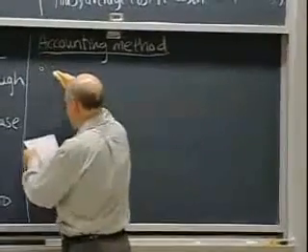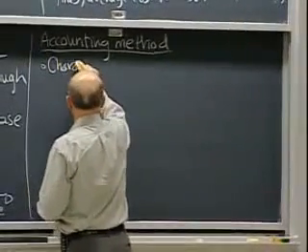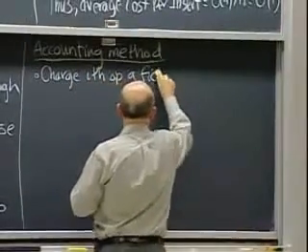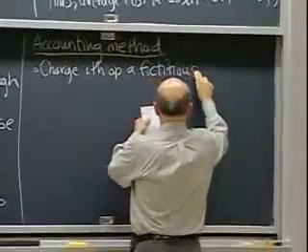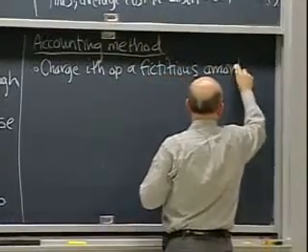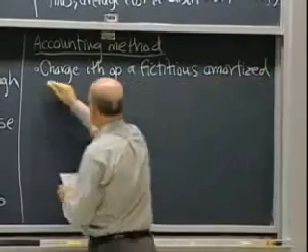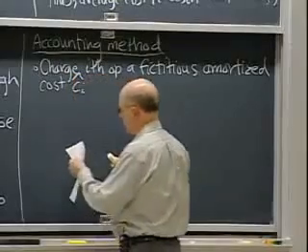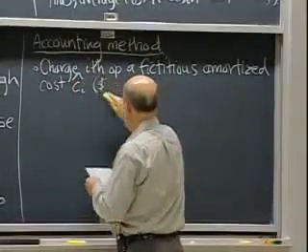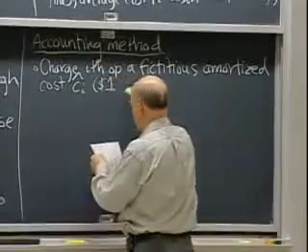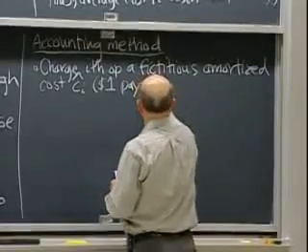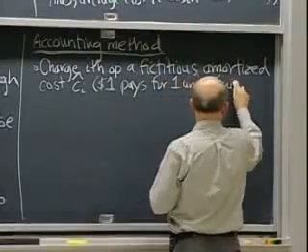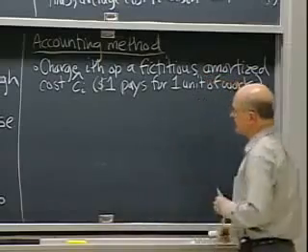So what we're going to do is charge the ith operation a fictitious amortized cost, we'll call it C hat sub i, where we're going to use the abstraction that $1 pays for 1 unit of work. In other words, of time manipulating the data structure or whatever.